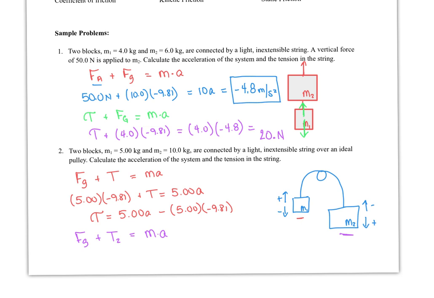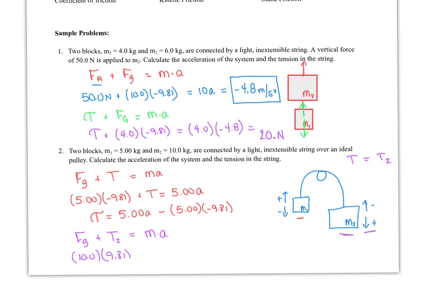Here, the force of gravity for this guy is going to be its mass times gravity acceleration, except now we're going to use a positive 9.81 there. The tension 2. So tension 1 and tension 2 are almost equal, right? Except one thing. They're opposite of each other, okay?